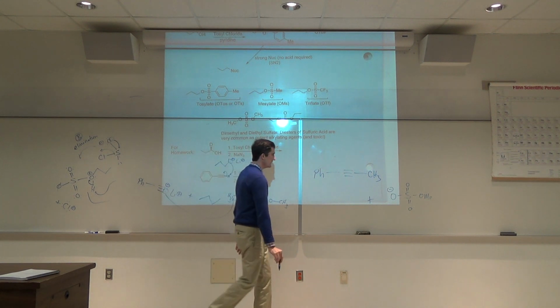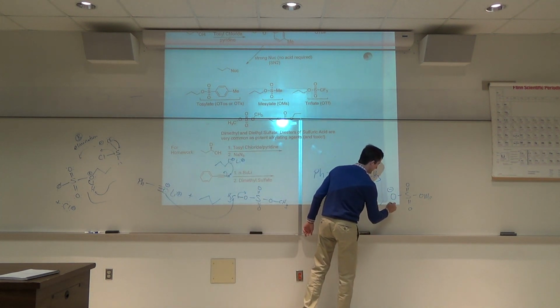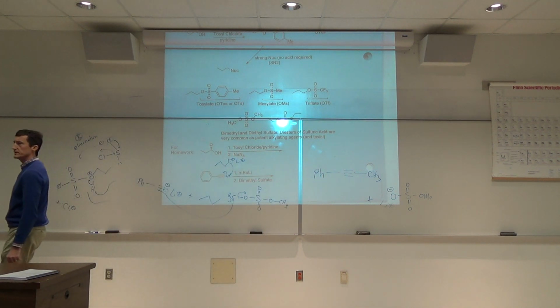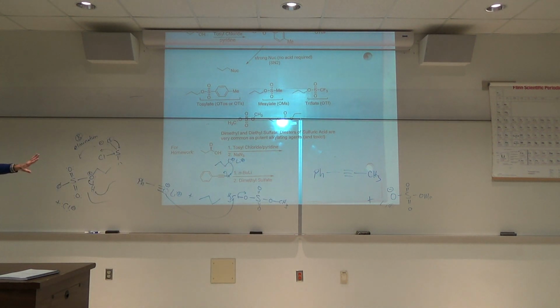And if you want to keep track of your spectator ions, the lithium sits with that. That can be washed out in the water if you're doing extraction. Neutral product will go into your organic layer. The ionics will go into your water layer. You can separate out your ionics.